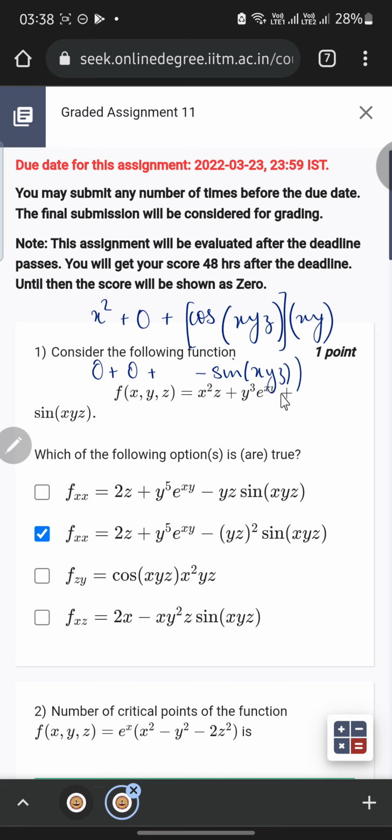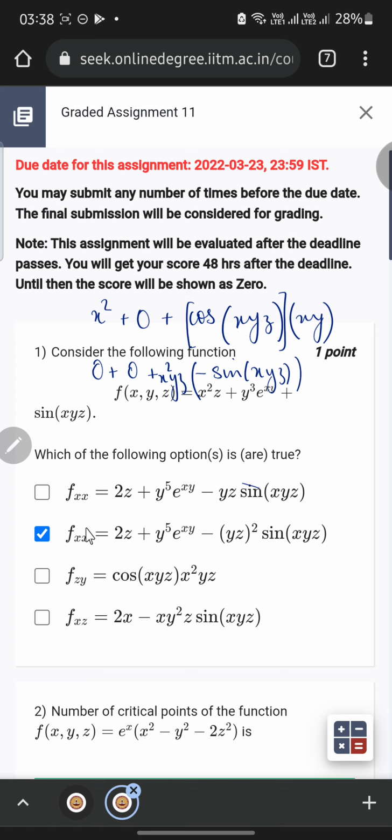xyz, and this would be y square xz. On the next derivative with respect to y, we get x and z, so xz into xy would be x square yz. It seems I made a mistake here, it would be x square yz.